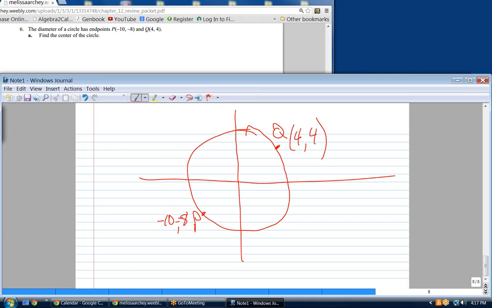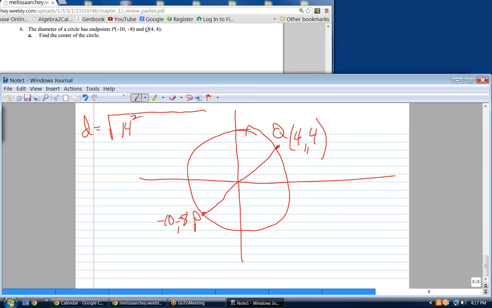So, what's the distance of the diameter? What's the distance formula? It's the square root of (-10 minus 4) squared plus (-8 minus 4) squared.